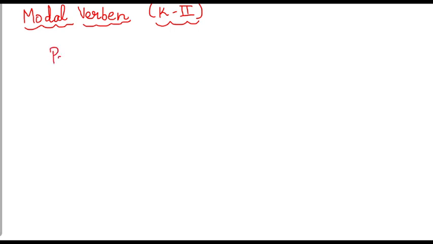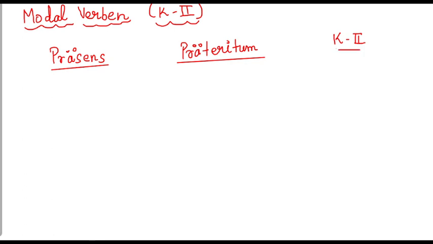Let us divide it into three categories: Präsens, then the Präteritum from which it is derived, and Konjunktiv II. So these are the three tables of comparison we are going to construct.